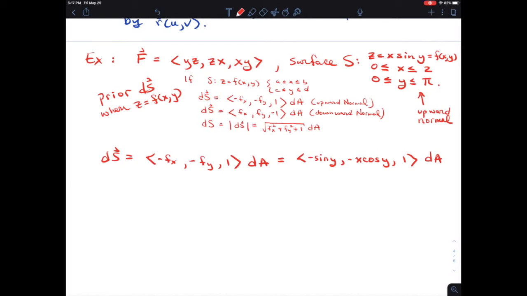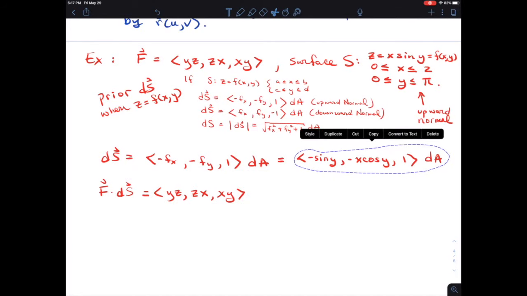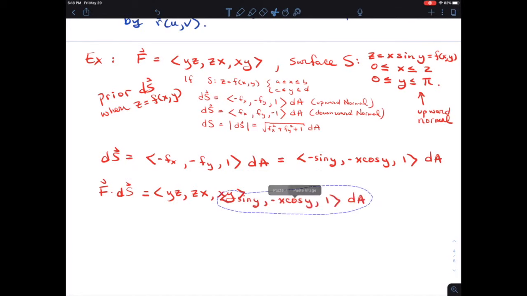Now we're computing flux. Remember, flux is a double integral of F dot dS. Let's do F dot dS real quick. We've got everything here, so the F again from above, and then dS. That's a dot product.